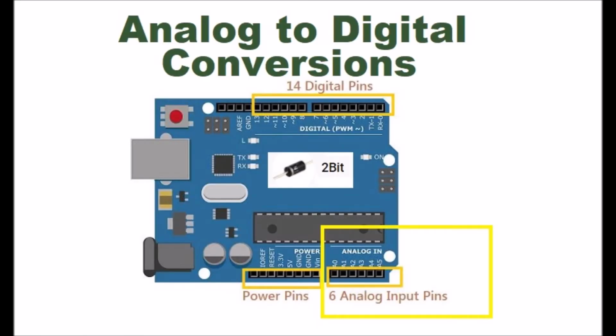In the case of the Arduino Uno, n would be 10, so this is 5 volts divided by 1024, which is 4.9 millivolts, rounded.